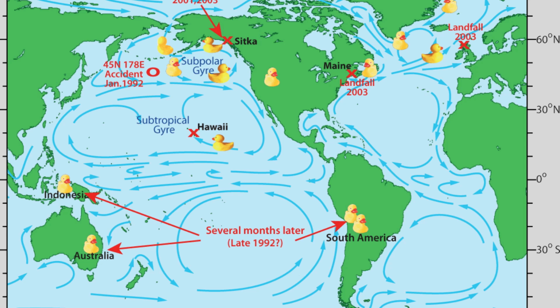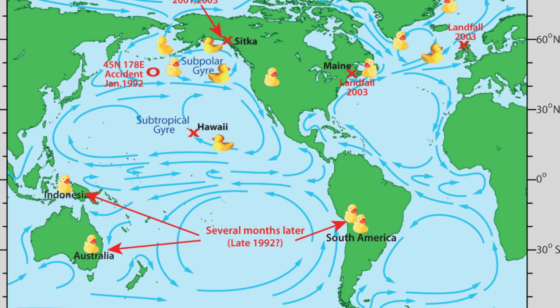What really happened is, in 1992, in the northern Pacific Ocean, one ship was carrying 28,000 toy ducks, the ones you have seen, in containers. Then the ship got caught in a storm and sank, and the 28,000 ducks came up to the surface of the ocean.